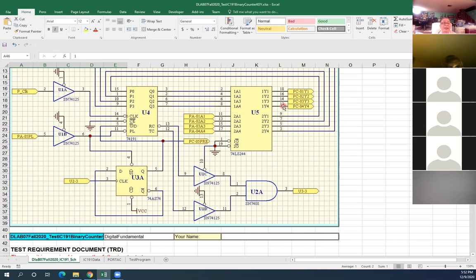Now, if it fails, what do you think is the culprit for the load number A? U1, U4, U5? Perfect. U1 or U4 or U5.